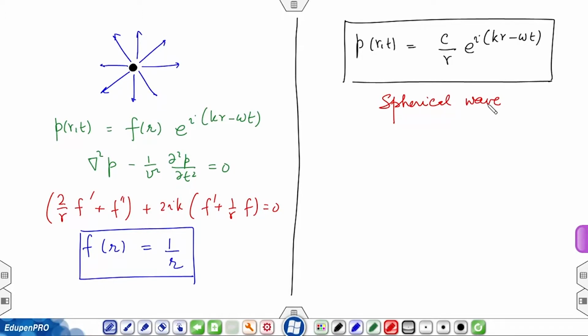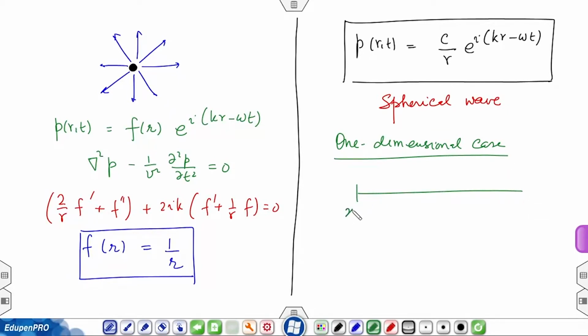Now, let me write this solution in a slightly different form, which will be used later. So, go to one dimension again. Let us say this string was not at x equals 0, but at x equals some x prime, and it is being shaken up and down as y(t).